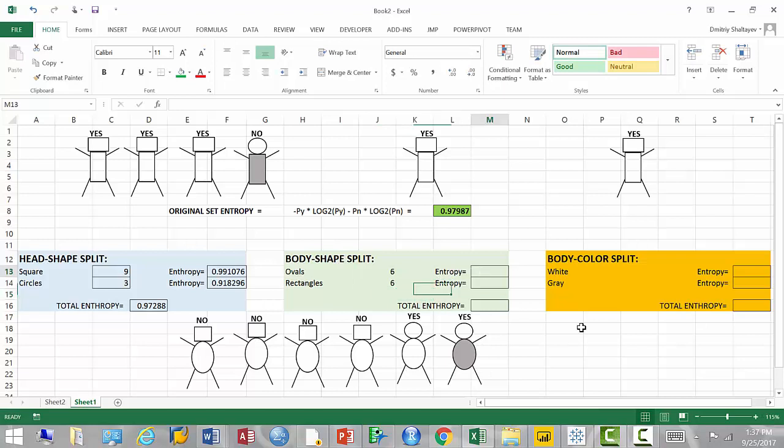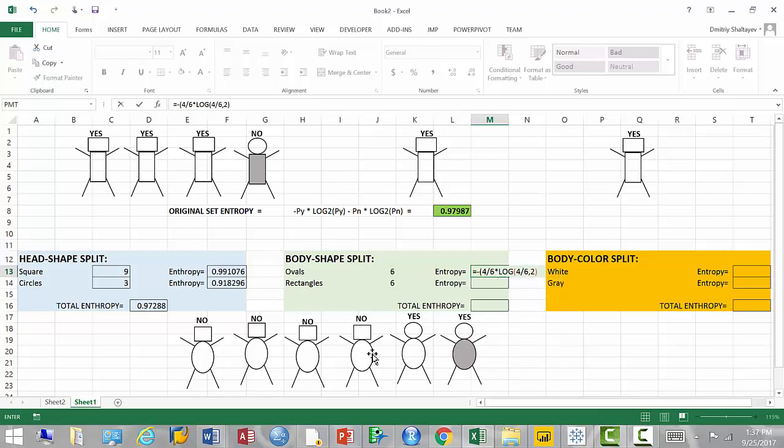Well, let's deal with ovals first. Again, same thing, right? I'm going to compute the entropy of the set. All right, so I'm going to say minus. What's the proportion of no's? 4 out of 6, right? So no's are 4 out of 6, and I multiply it by log 4 out of 6 base 2. Cool.